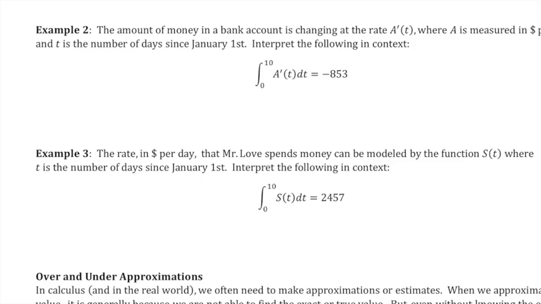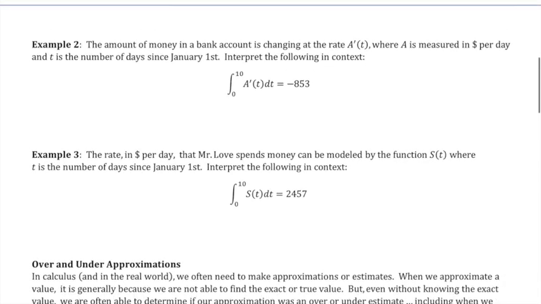So interpreting this integral, it says the amount of money in the bank is changing at a rate of A prime of t, where A is measured in dollars per day and t is the number of days since January 1st. Interpret in context. So if this is money in a bank, there are values that are going to be added in and subtracted. So when you get paid, your money goes in.